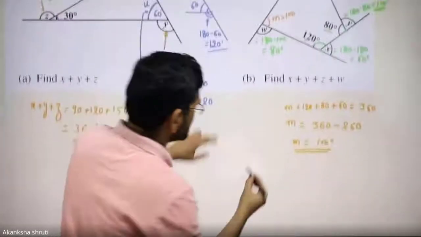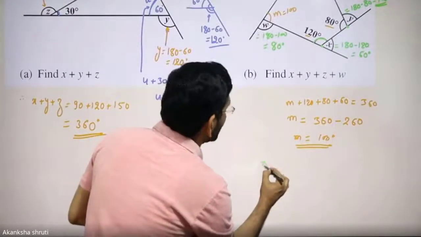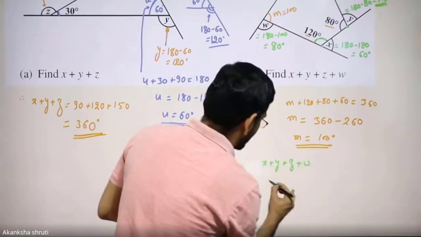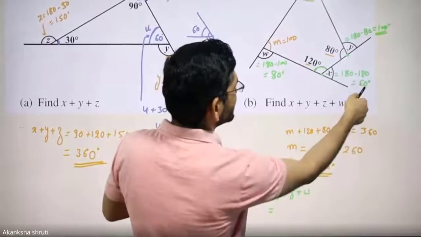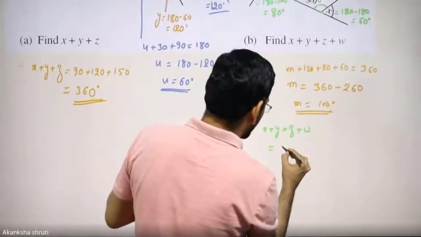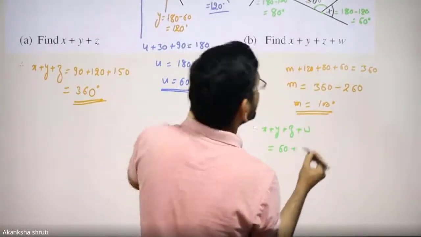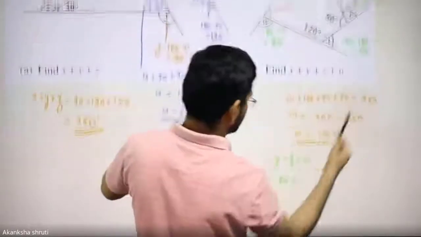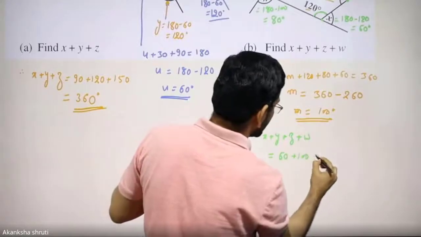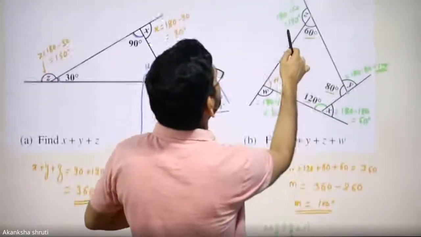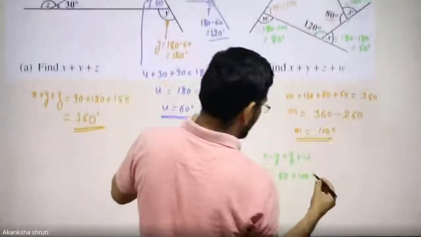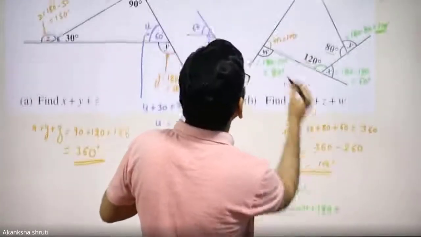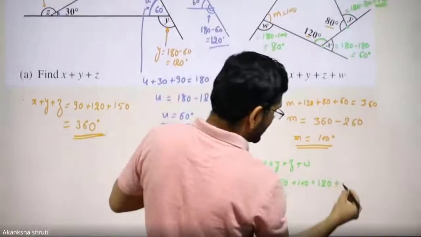After this, we have to calculate x plus y plus z plus w. The x we had calculated here using the linear pair concept is 60, plus the y we had calculated here, 100, plus the z we had calculated here, 120, and the w we had calculated here as 80.